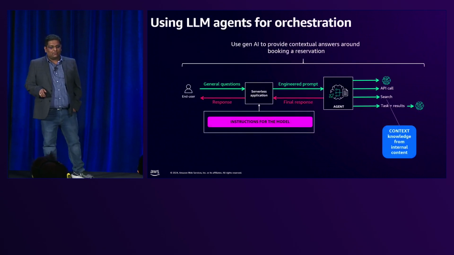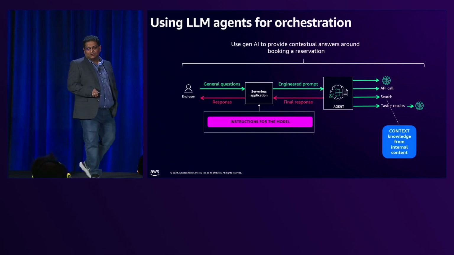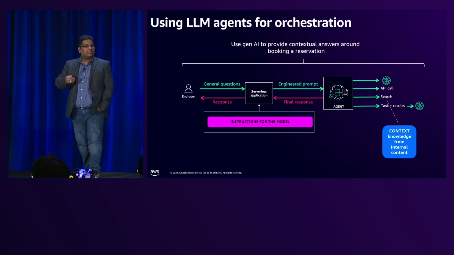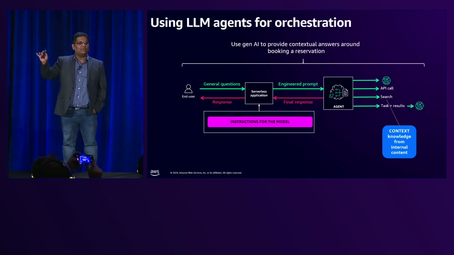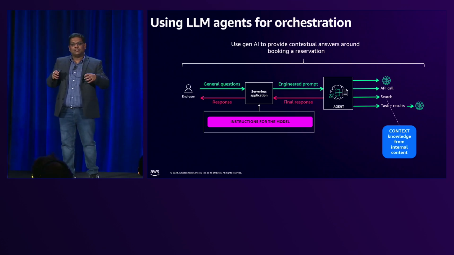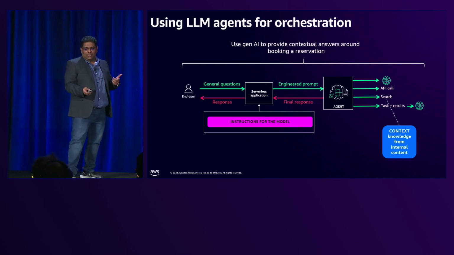And that is where we have capabilities like agents. You must have heard about LangChain agents, Bedrock agents. Those agents will be working alongside large language models to orchestrate the work and figure out how we can get this booking of reservation done. Same approach with agents.